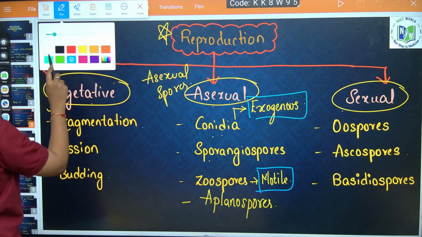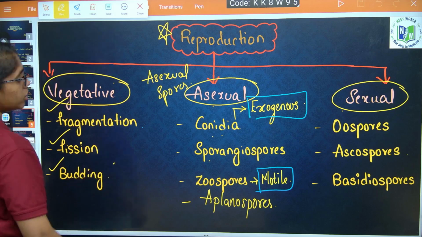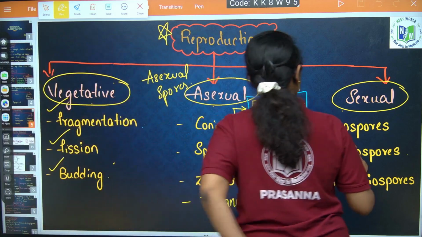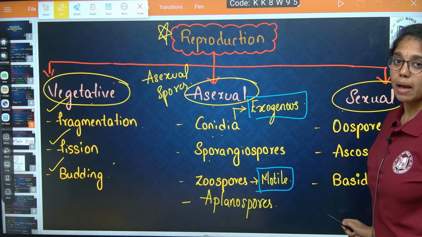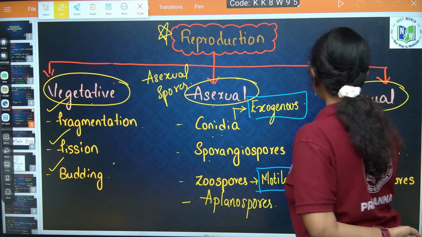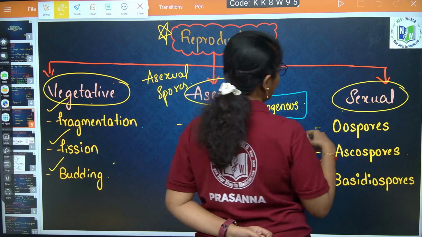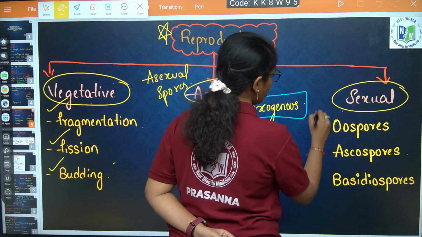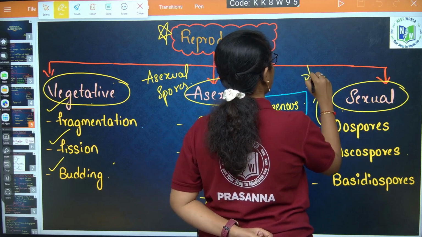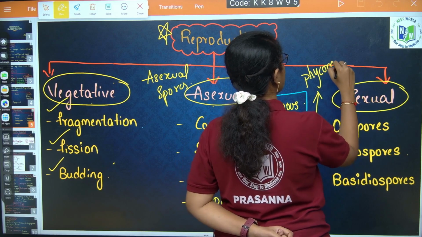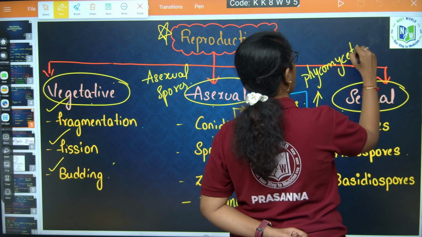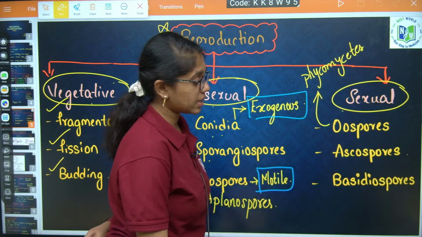When we consider the sexual spores, they include oospores, ascospores and basidiospores. Oospores are non-motile, endogenous. You will observe these in the class Phycomycetes.